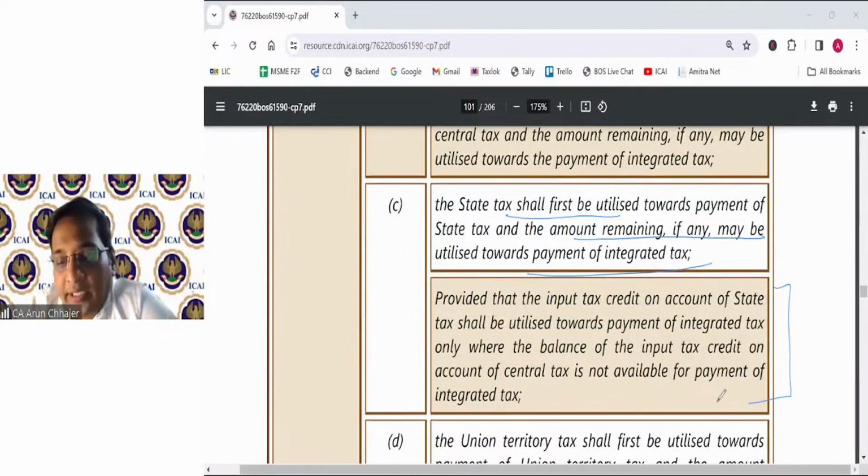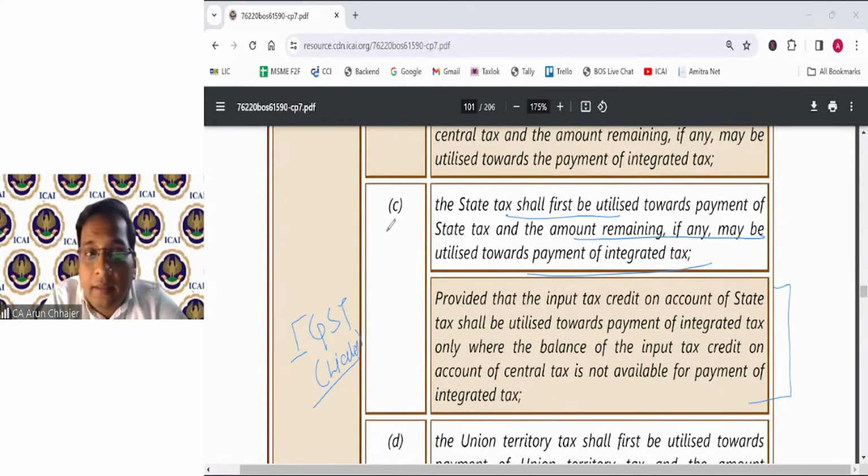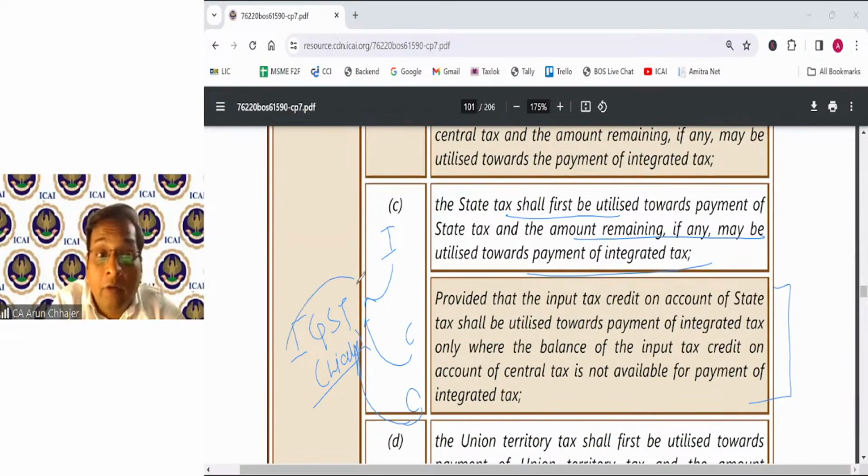Proviso is important. It says that if I need the amount, इस बार क्या है? IGST का liability है. Then they will take first from I, second from C, third from S. Please do not apply this concept while taking the ITC from others by IGST.